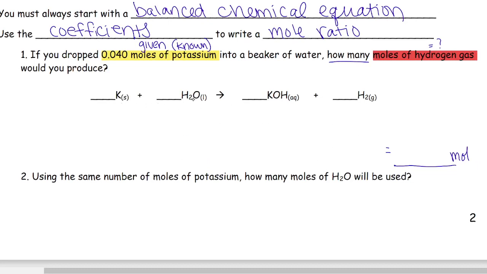That's not hydrogen gas, that's not hydrogen gas, that's not hydrogen gas, that is hydrogen gas. So moles of H2. If you can just identify this and show me this much, you will get your point for showing me the unit on your final answer. And that helps you stay focused and figure out what direction you're going to go with your setup.